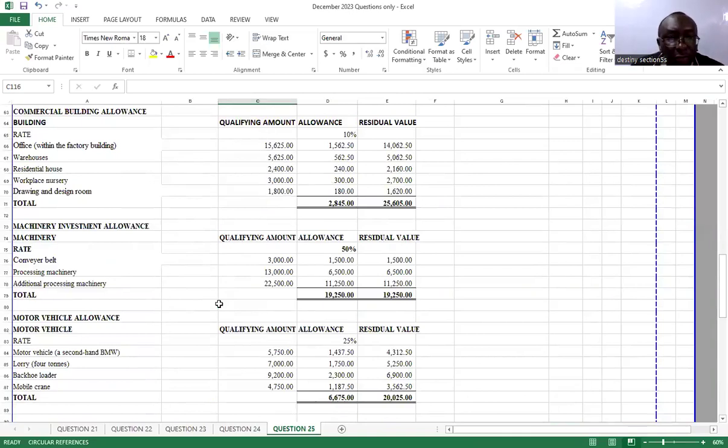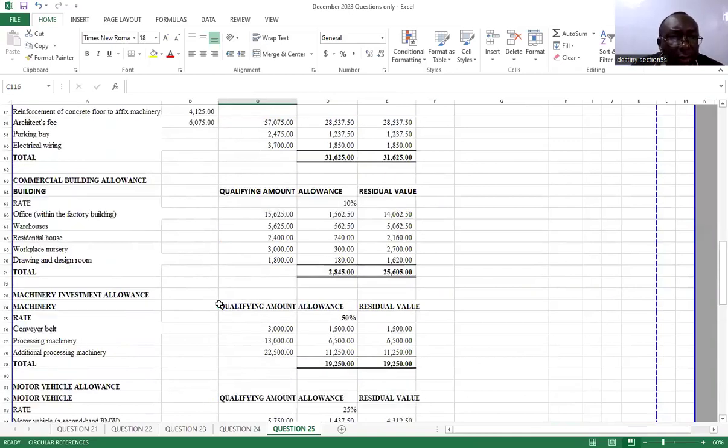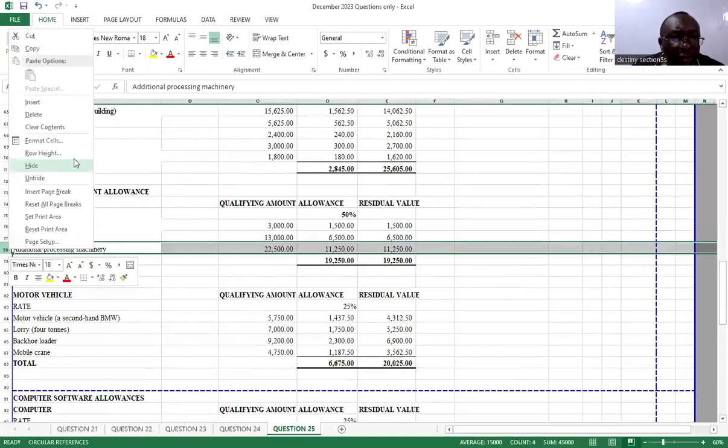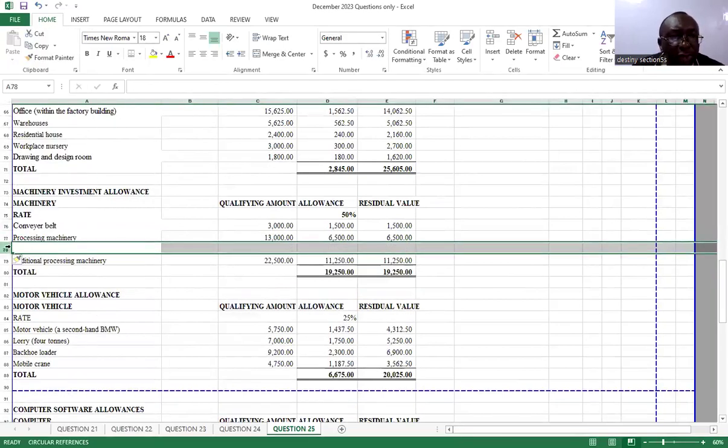We should have put them here under this machinery here. So if we got two of them, we can insert two lines.